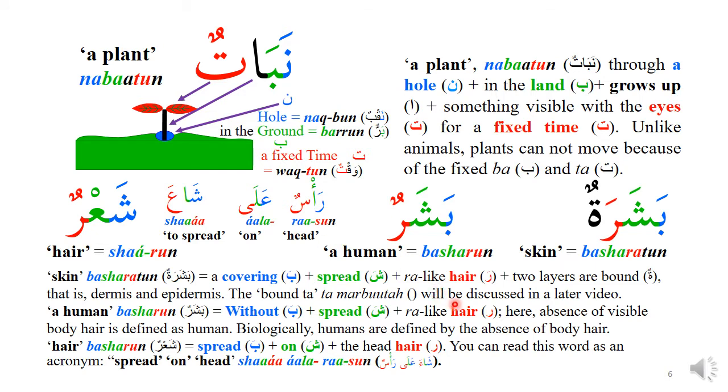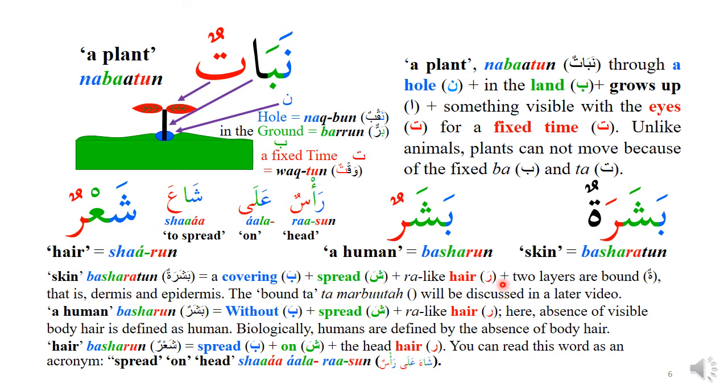You can see that in basharatun, b would mean a covering, and sheen means to spread. Sheen has a general meaning of something spread, such as the skin, or say the sun, shamsun, or the trees, shajaratun, like this.